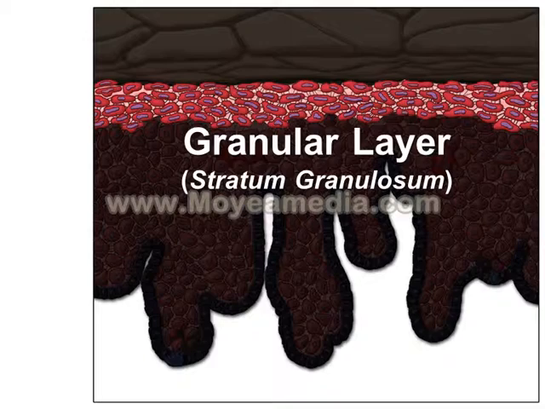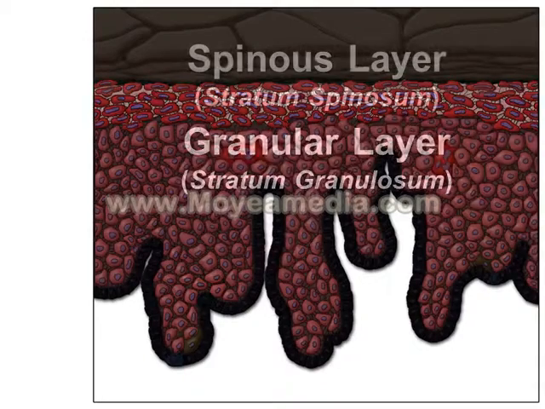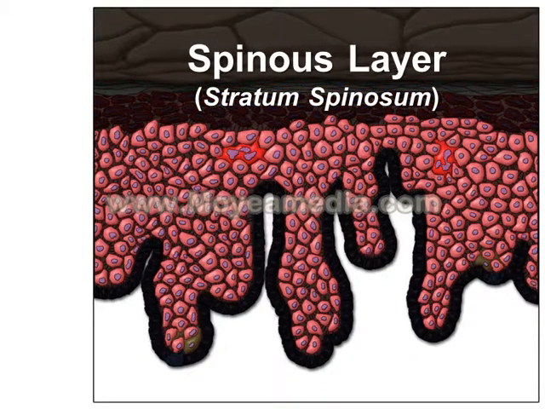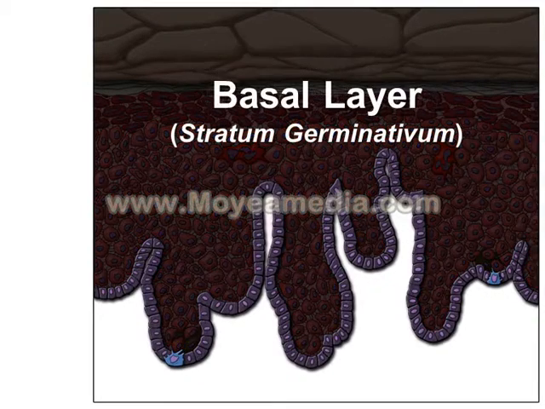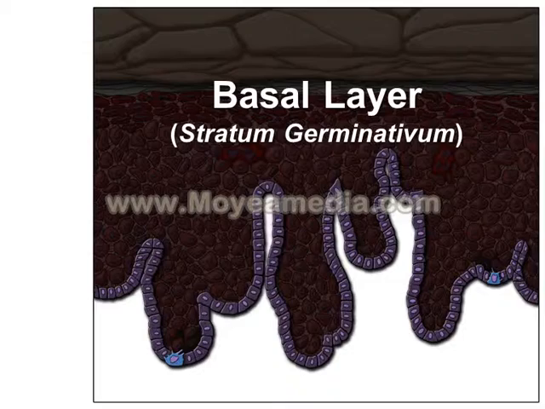The granular layer, the spinous layer, characterized by cell-cell junctions which become most evident in spongiotic processes when they're stretched apart, and the basal layer.